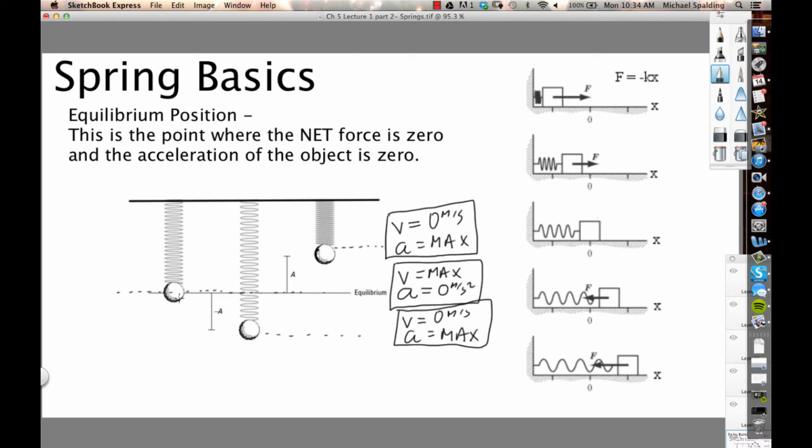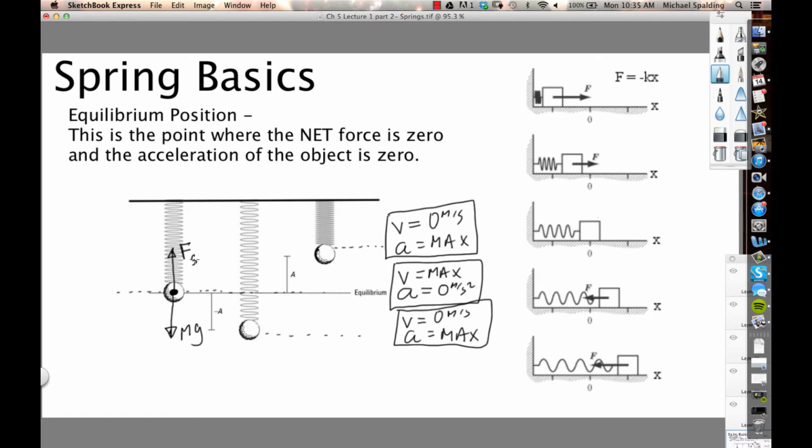Now, why is the middle the equilibrium? Because when the ball passes through the equilibrium, let's look at the forces on it. When the ball is right here, what are the forces on the ball? Well, we have mg down, and then what's acting up? The force of the spring.